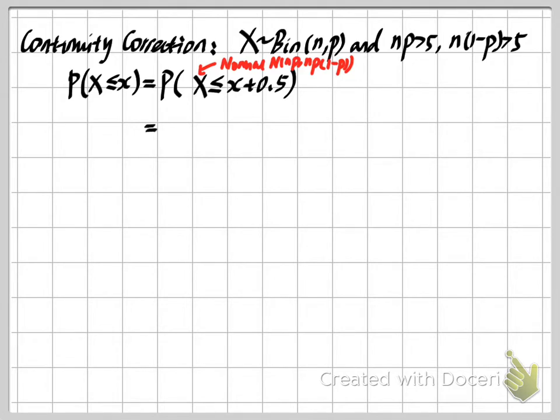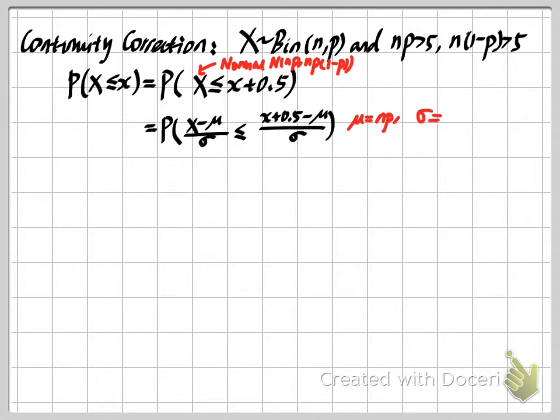In other words, we subtract the mean and divide by sigma, on both sides of the inequality: the value on the right-hand side minus the mean, divided by sigma. Please remember that mu is our mean, np, and sigma is our standard deviation, the square root of np(1 minus p).